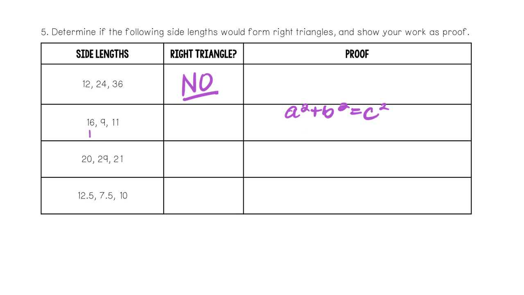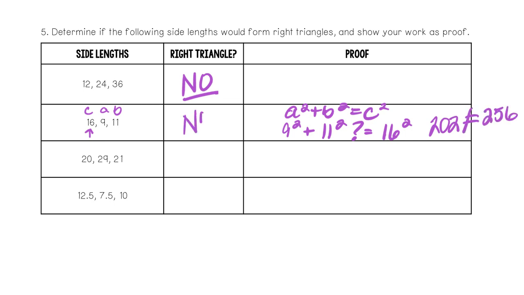The longest one has to be our c, and then we'll put those as a and b. So 9 squared plus 11 squared, we want to know if that is equal to 16 squared. In this case, I got that 202 does not equal 256, so this one would also be a no.